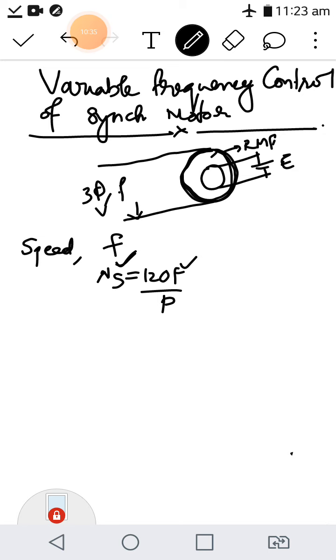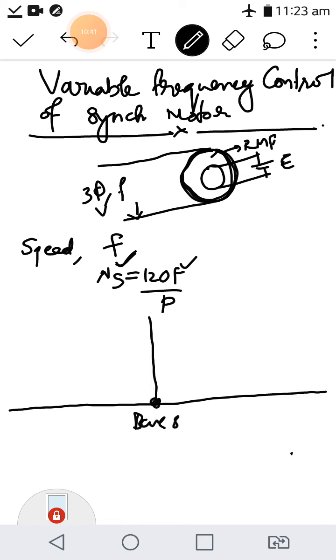But when you change the frequency, it is similar to an induction motor drive, because until the base speed, assume this is the base speed or the rated speed of the machine, when you control frequency, you have to control V also, so that the V by F ratio is maintained constant for the constant flux operation. So until base speed, this is the frequency control.